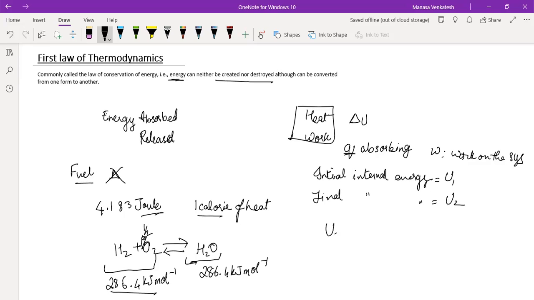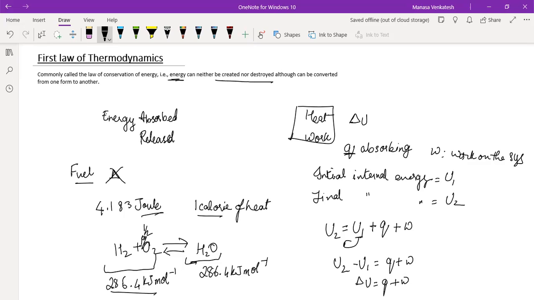Now U2 will be equal to the existing internal energy, that's U1, plus the Q which has been absorbed, plus W, which is the work done on the system. So when I shift this to here, U2 minus U1 equals Q plus W, and we get delta U equals Q plus W.